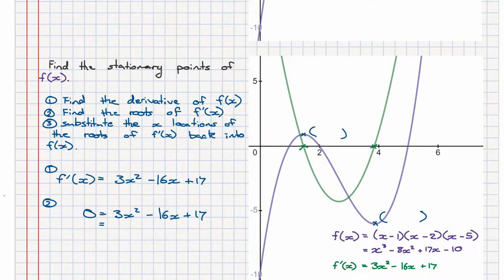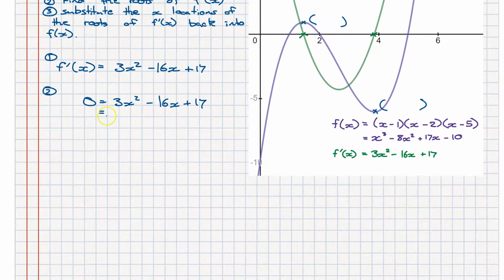Firstly, what we have here is an equation where 0 equals 3x squared minus 16x plus 17. So effectively what we've got is a quadratic. The way in which we solve quadratic functions is we factorize and then use the null factor law, to find the x that makes it equal 0.